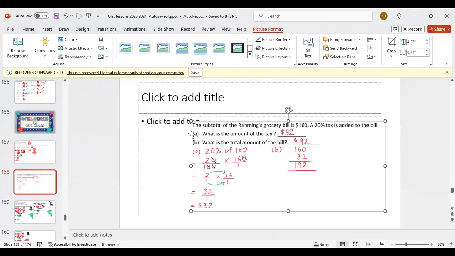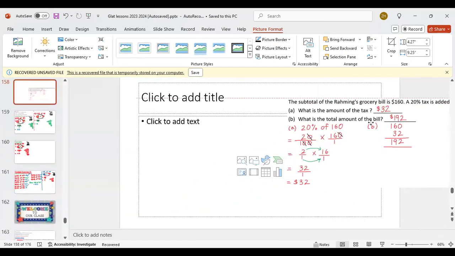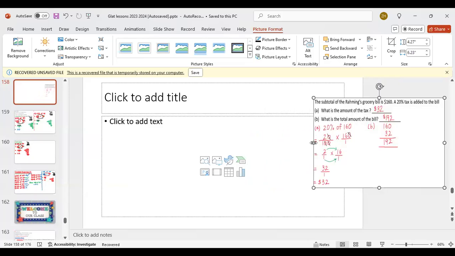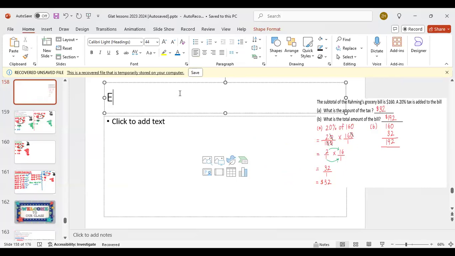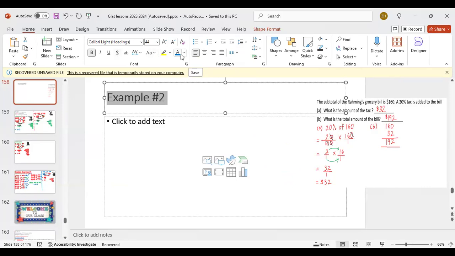Excuse me, Mr. Petit. Are we doing more examples or the greater exercise? More examples. Example number 2. All right, so let's do another one.